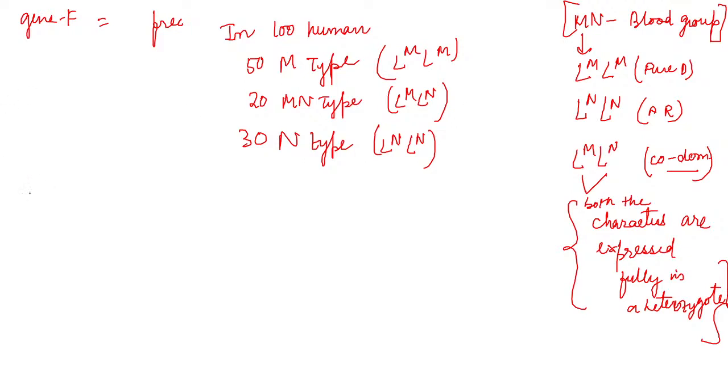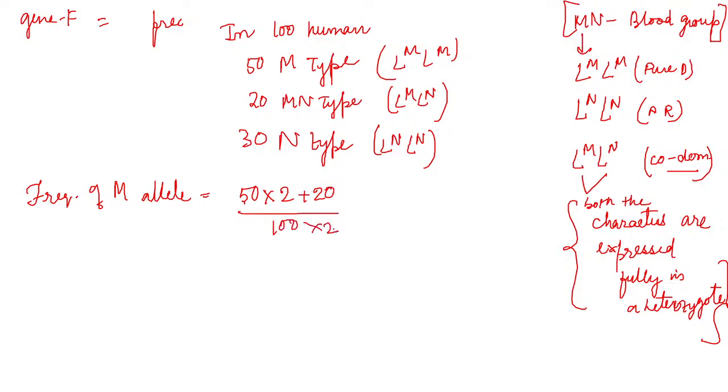Now we can find the frequency of the M allele: 50 into 2 plus 20, by 100 into 2, which is 120 by 200, equals 0.6. That is 60%. Clear?